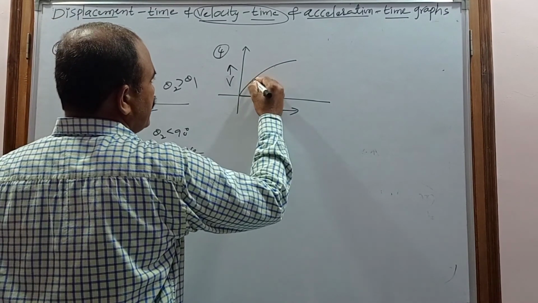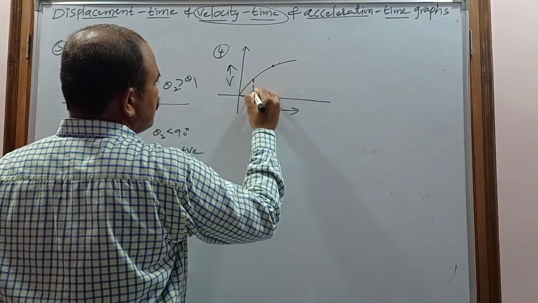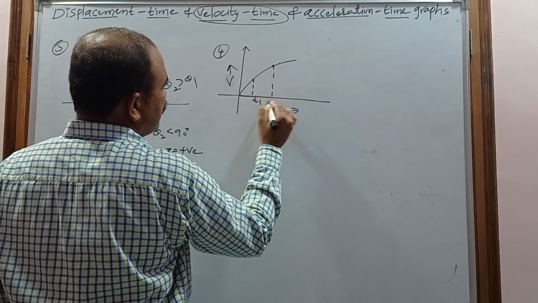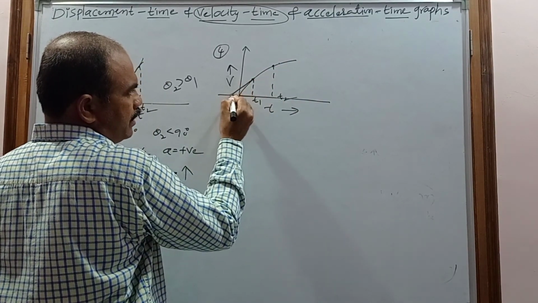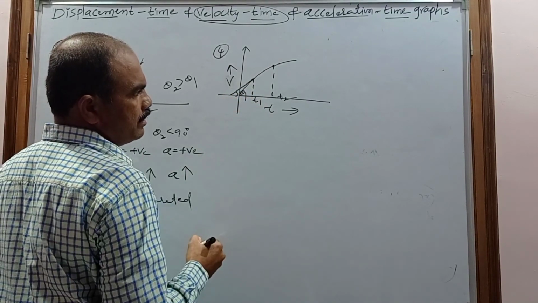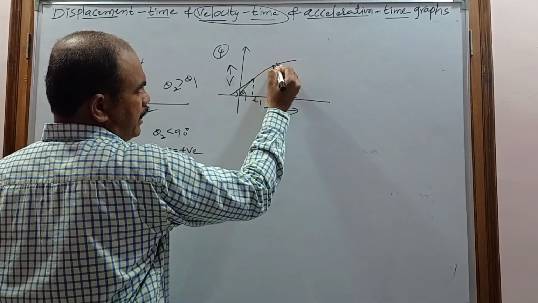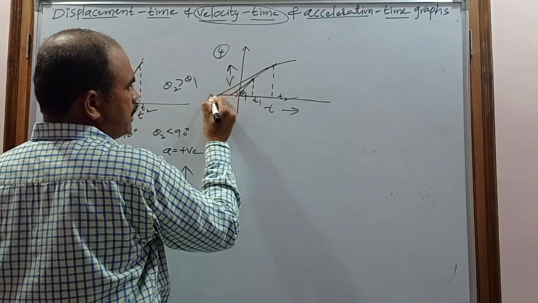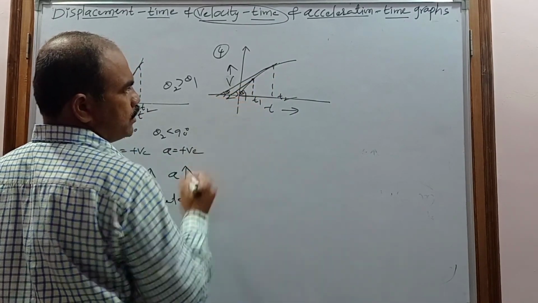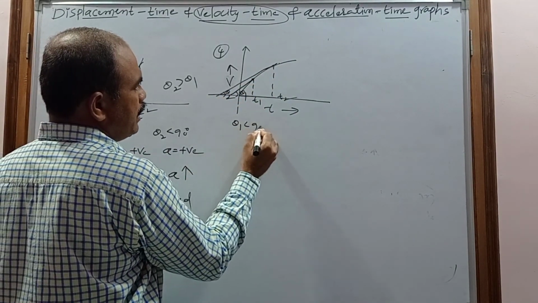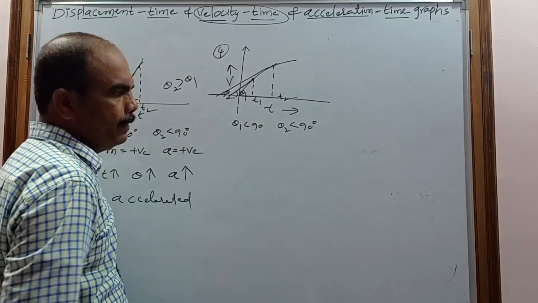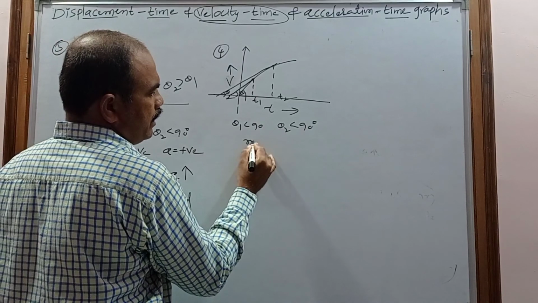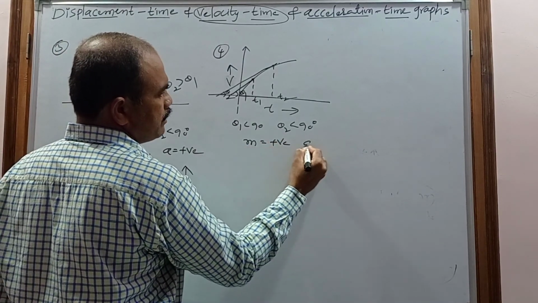If I take two points, one at time t1 and another at time t2, the tangent at t1 makes the angle theta 1, and the tangent at t2 makes some angle, that is theta 2. Here theta 1 is less than 90 degrees, and theta 2 is also less than 90 degrees. So the slope is positive. That's why the acceleration is what?